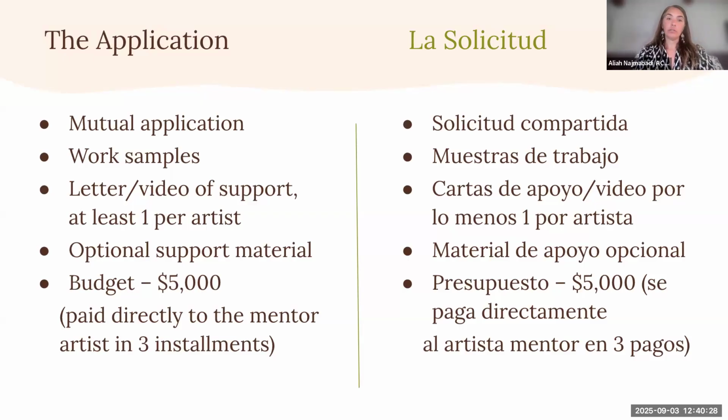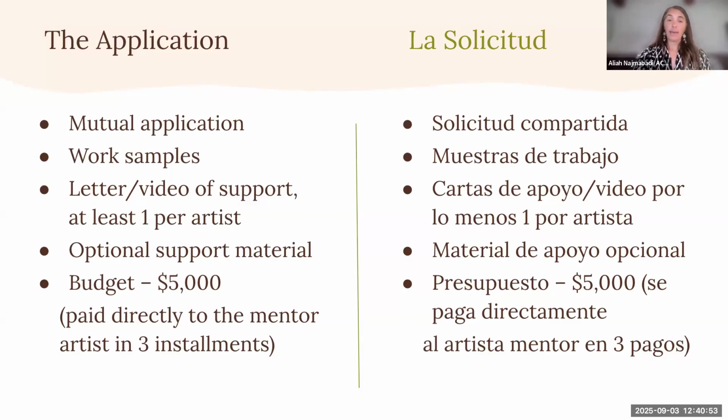We also have an option for support material. This could be a newspaper, a review, a program of a show or some site, or some sort of article that you've written. There's a chance for you to do that. The contract for this is, as Jen said, $5,000.